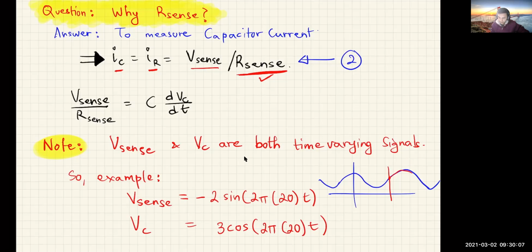But if I had picked my t equals 0 to be over here, this now looks like a cosine wave. So there are going to be multiple signals here. Pick a time equals 0 point, and then based on that, one of the signals will be a sine wave, and the other signal will be a cosine wave or a negative cosine or what have you. But stick to one t equals 0 point. That makes your life easy.